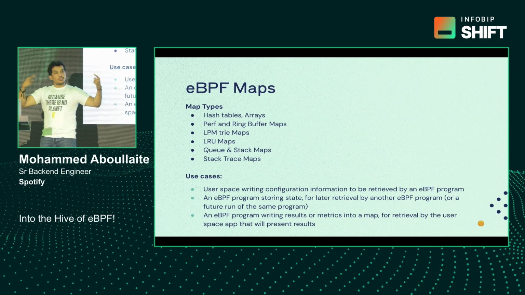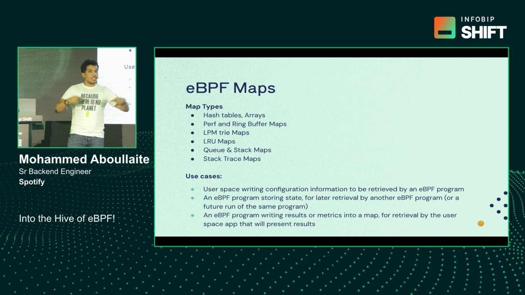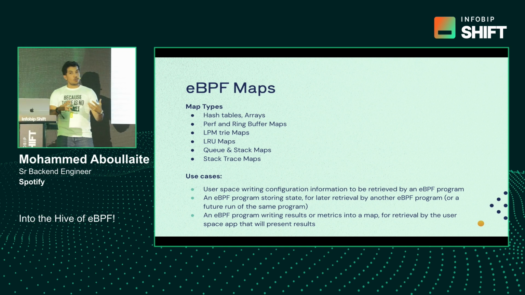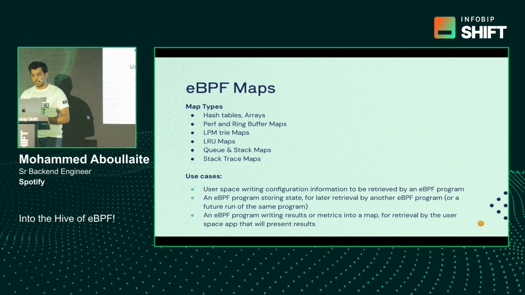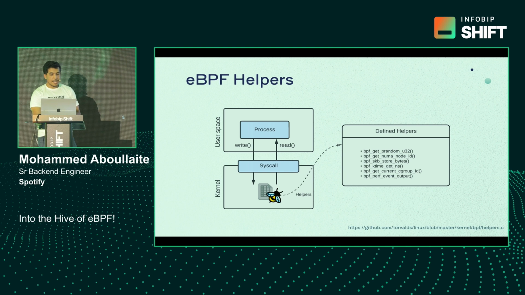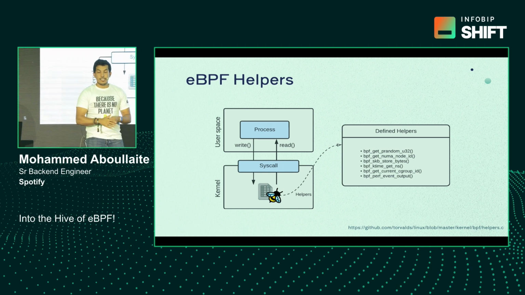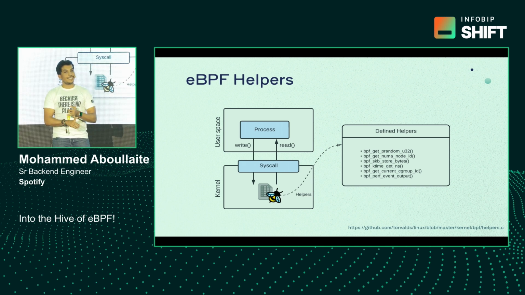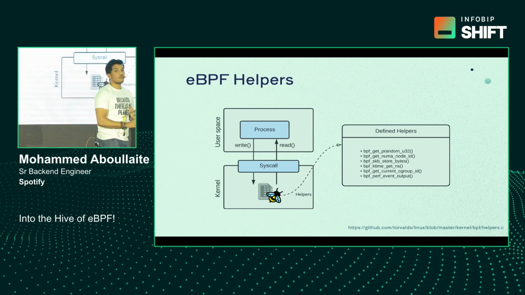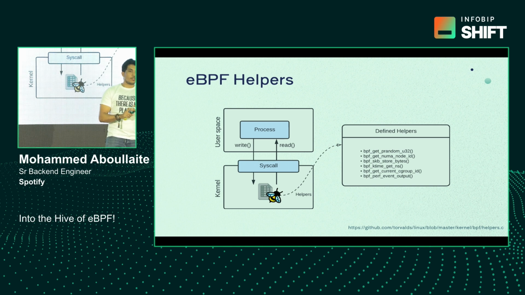So these two directional ways of writing and reading enable you to build robust systems, as we're going to see in a minute. And then helpers. Since we're dealing with the kernel, an eBPF program does not know how to generate a random number, how to handle network packets, how to allocate some memory.